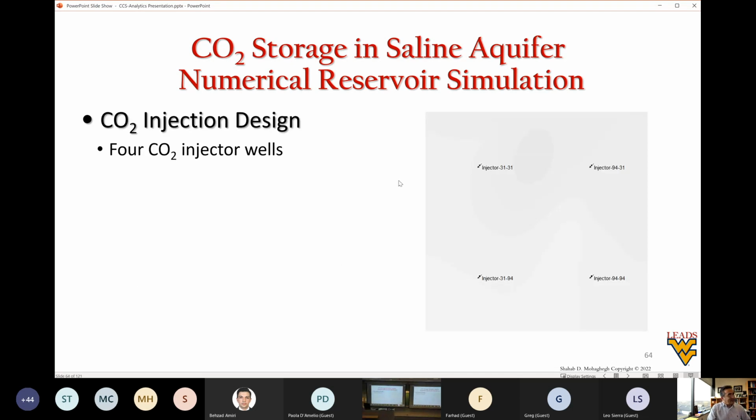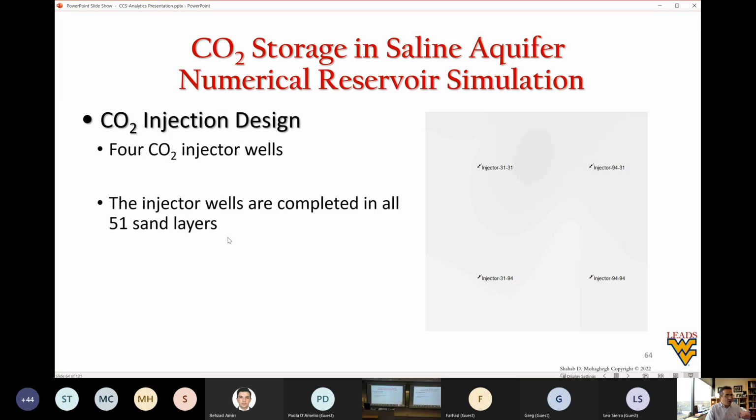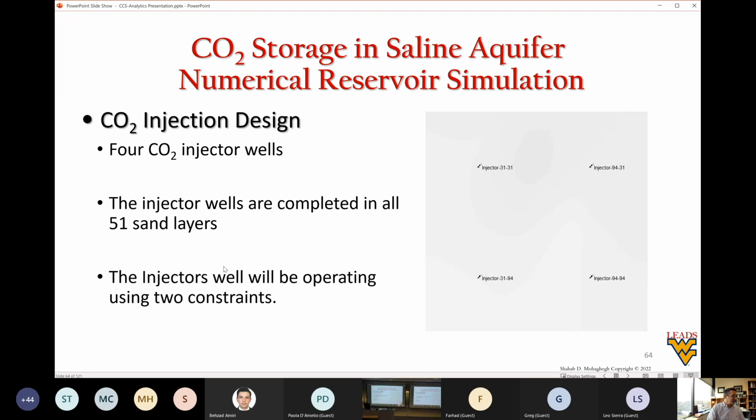How about injectors? As you see, there are 4 injectors in the reservoir, and the injector wells are completed in all 51 sand layers. The injector wells will be operating using 2 constraints. The constraint is bottom hole pressure.